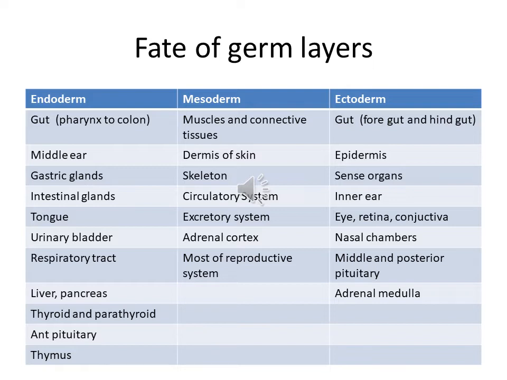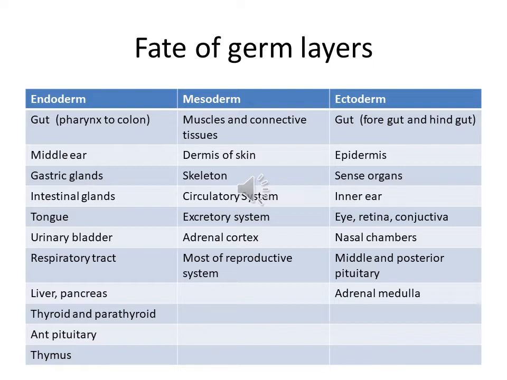So urinary bladder is endodermal in origin. Then respiratory tract, liver, pancreas, thyroid and parathyroid gland, anterior lobe of pituitary gland. The anterior lobe of pituitary is endodermal, whereas middle and posterior pituitary is ectodermal, fine. And thymus gland. So all these organs are endodermal in origin.